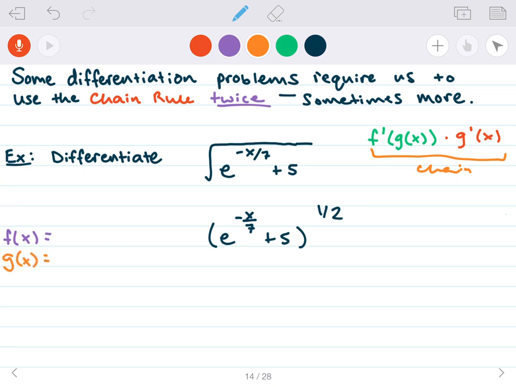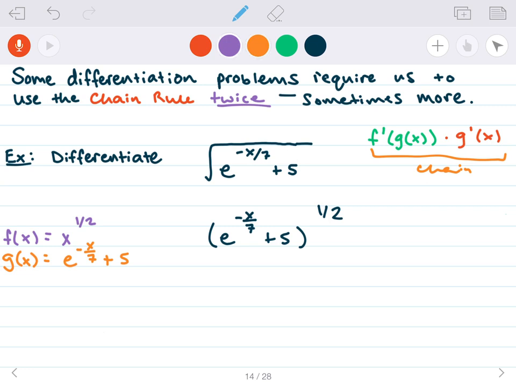So my outer function is going to be something to the 1/2. So it's x to the 1/2. What is that something I'm plugging in? All this. So our inner function is going to be e to the negative x over 7 plus 5.